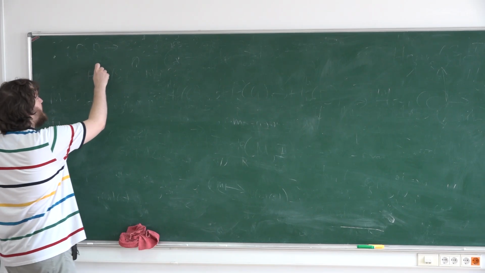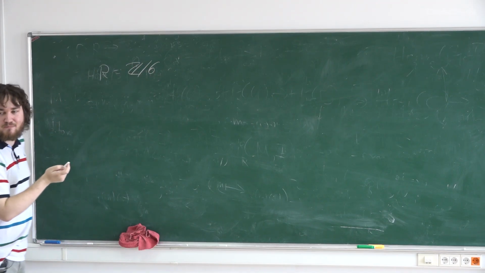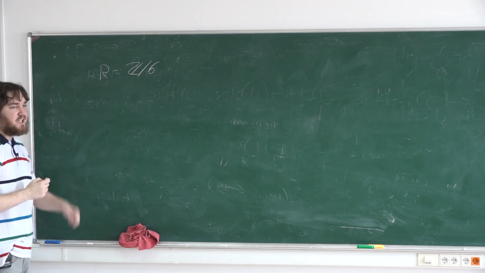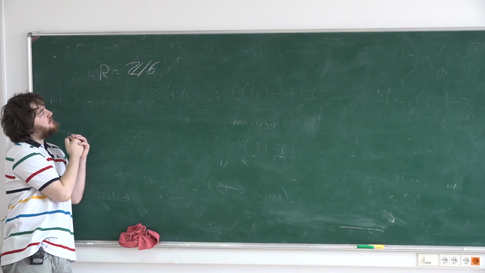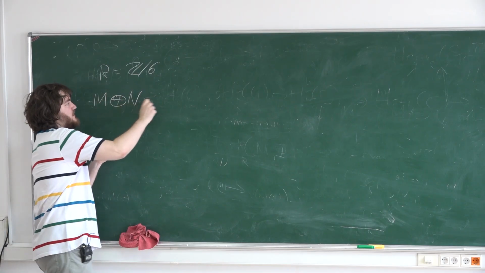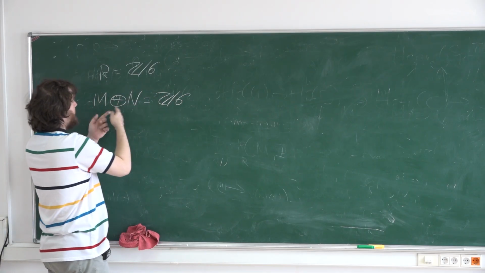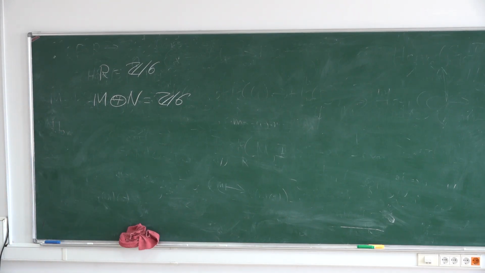For example, consider the ring Z modulo 6. Give me an example of two modules over this ring such that their direct sum is Z modulo 6, but none of them is free.